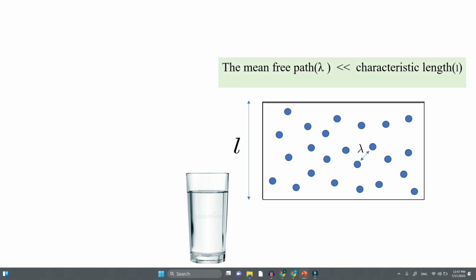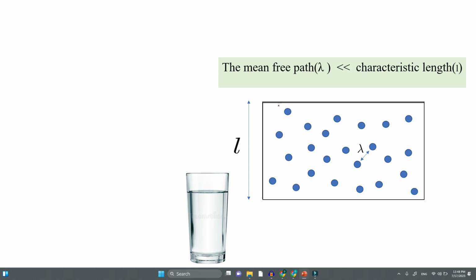Okay, so you can use the continuum approach only if the mean free path lambda is much less than the characteristic length. It's the only way you can use. Whenever you use a continuum approach for a system or a control volume, you need to make sure that the mean free path of the gas molecules is much less than the characteristic length.